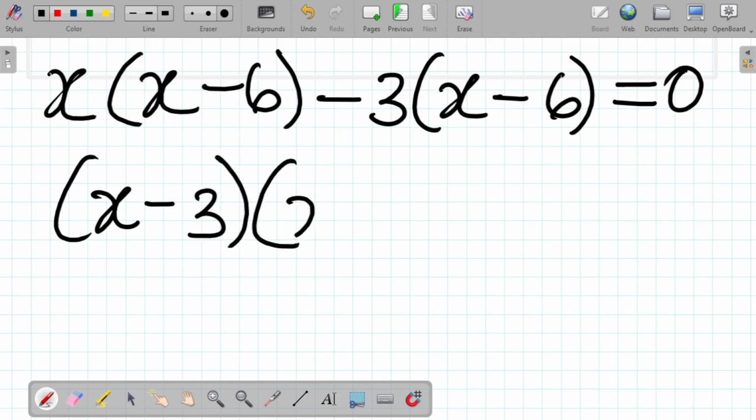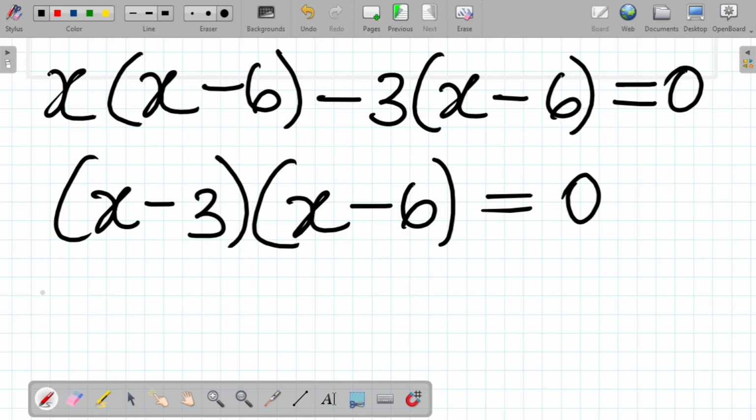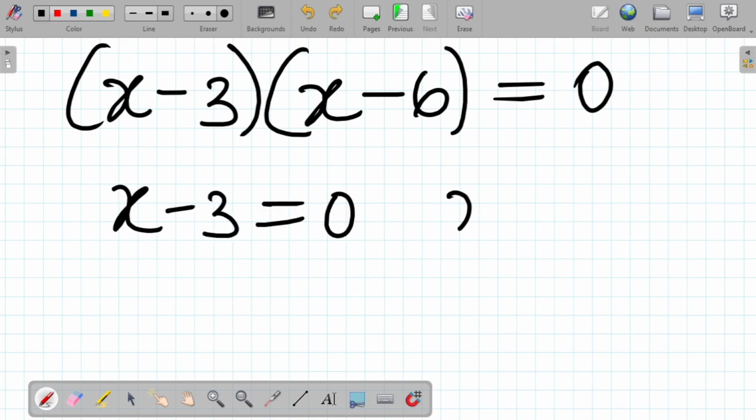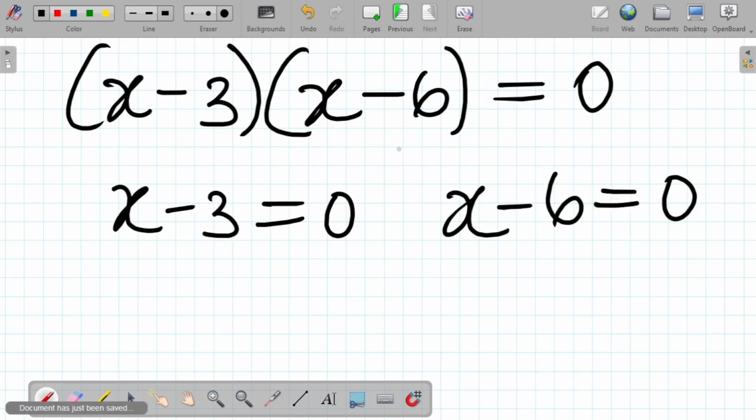So here we have x minus 6 equal to 0. Our next task here is to equate each of the brackets to 0. So here we have x minus 3 is equal to 0. And then x minus 6 is equal to 0.